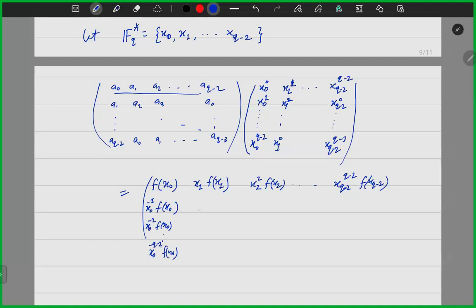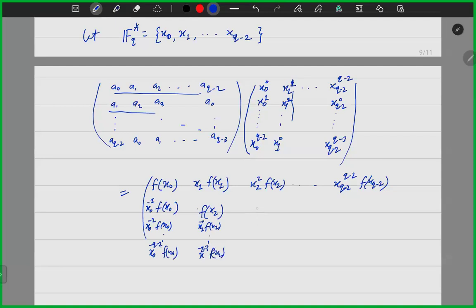So in the second, you will get this F(X2). You just check it: second row with second column. Once you multiply them, it will become F(X2). Now down to it, you will get X2 inverse F(X2) and so on. Good. X2 power minus Q minus 3 F(X2).